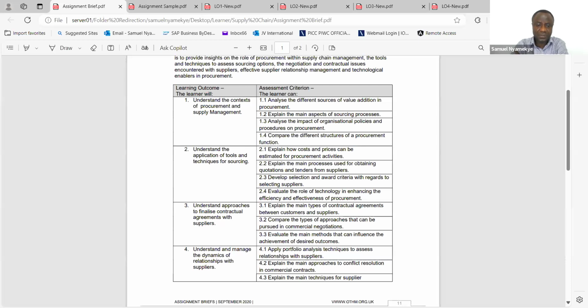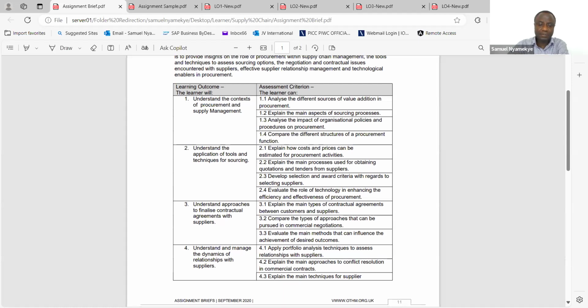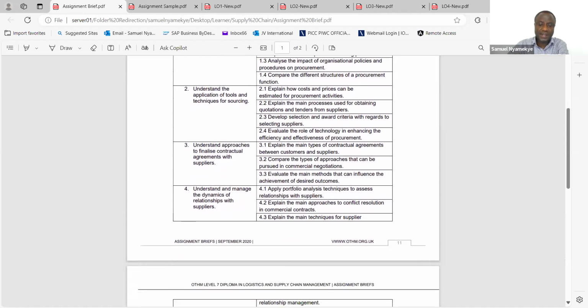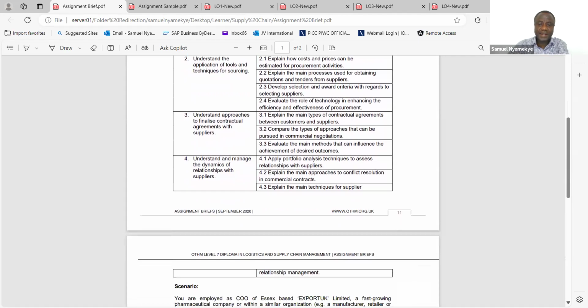And finally, to evaluate the main methods that can influence the achievement of desired outcomes. The last learning outcome was for us to understand the dynamics of relationship with suppliers. And under this, we're supposed to look at portfolio analysis and apply the techniques here in our relationship with our suppliers.